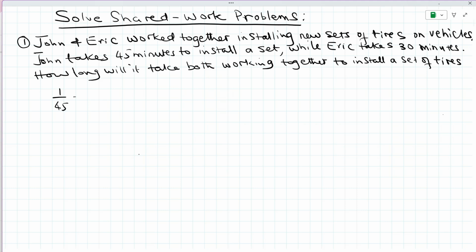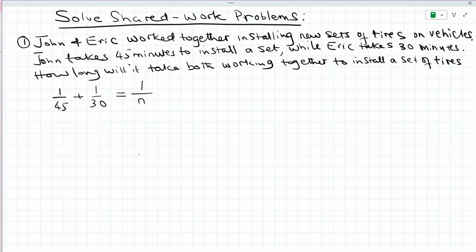And then we add it to a unit of the time Eric takes, which will be 1 over 30. And this should equal 1 over a variable, say n. That's when both are working together.